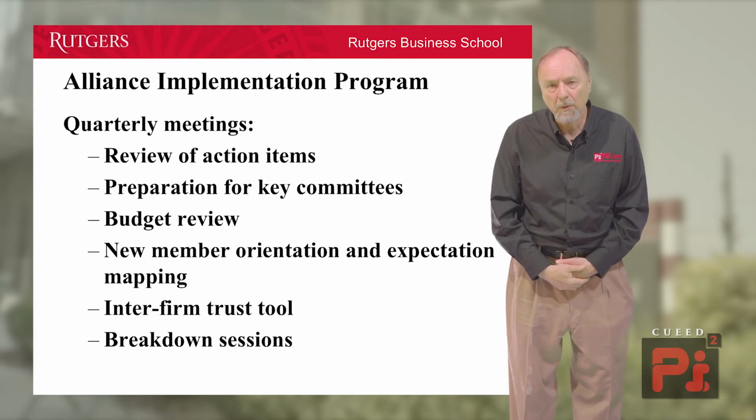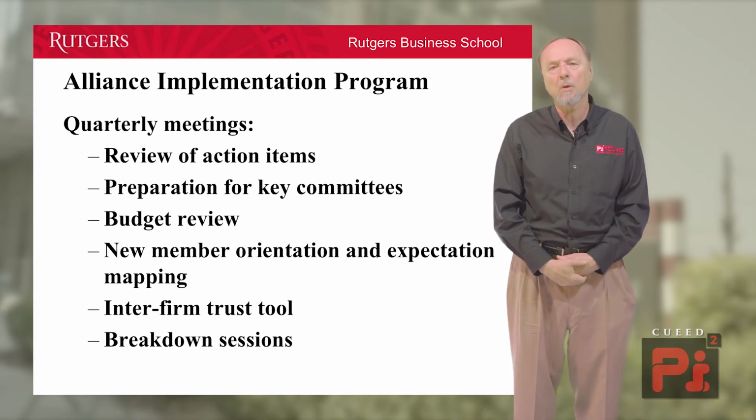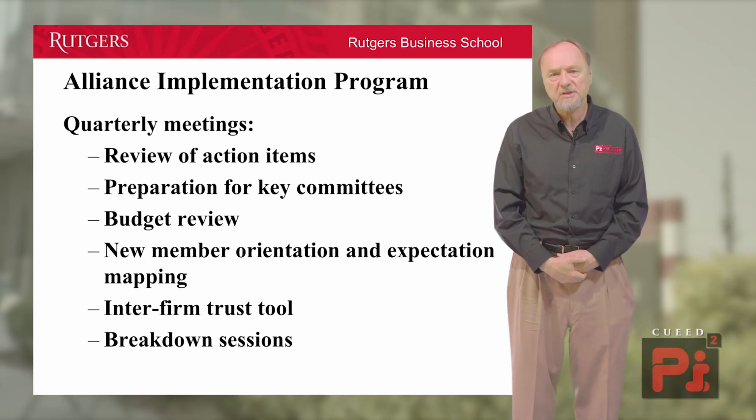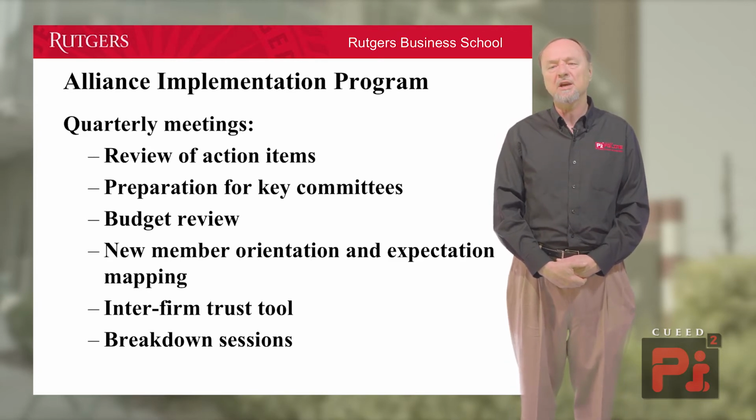Budget review. How are we doing on the money? Where did we go over? Where did we go under? What's the solution? New member orientation and expectation mapping. When a new member comes into the relationship, either a new person from my side or a new person from your side, this is the time to take out the expectation mapping worksheets again.